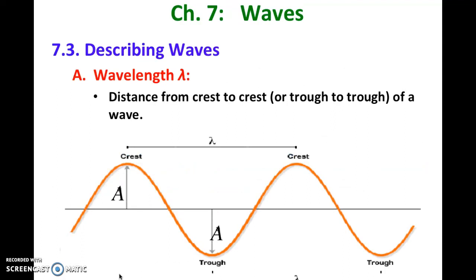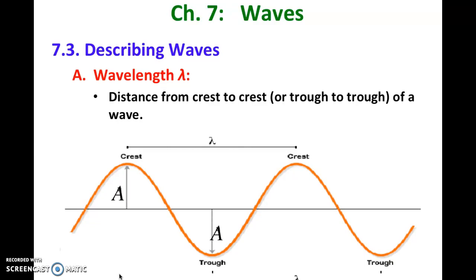To quantitatively describe waves, we need to define some quantities such as wavelength, wave frequency, wave speed, wave period, and wave amplitude.